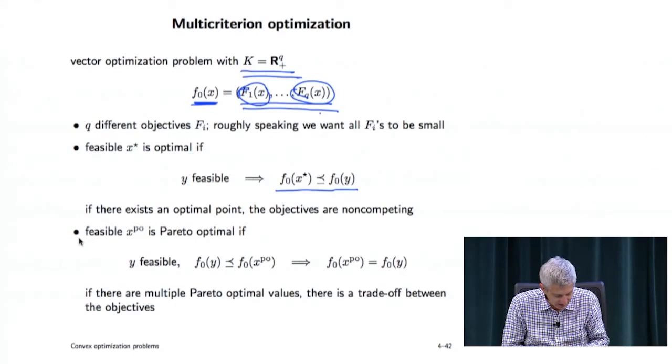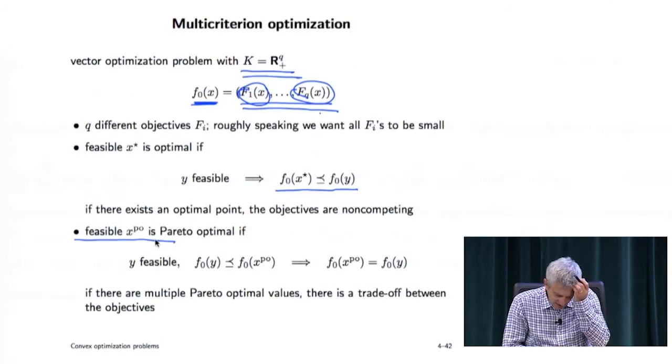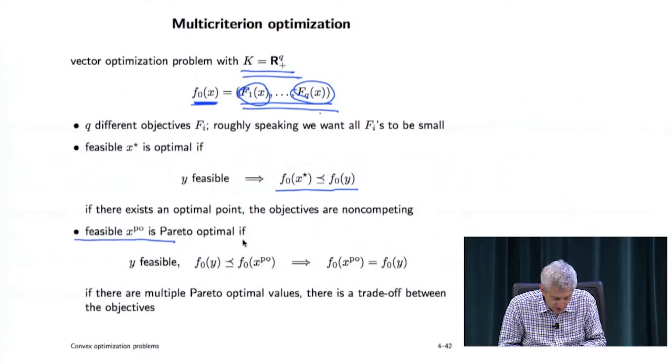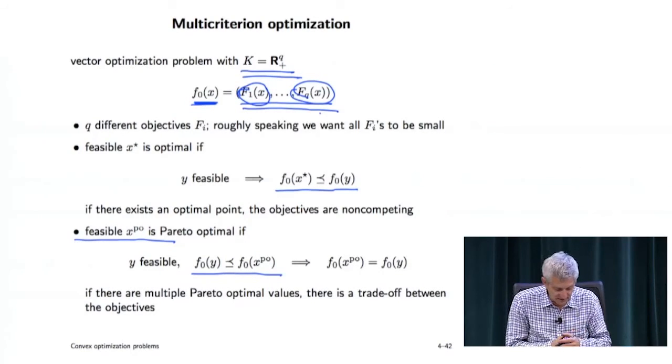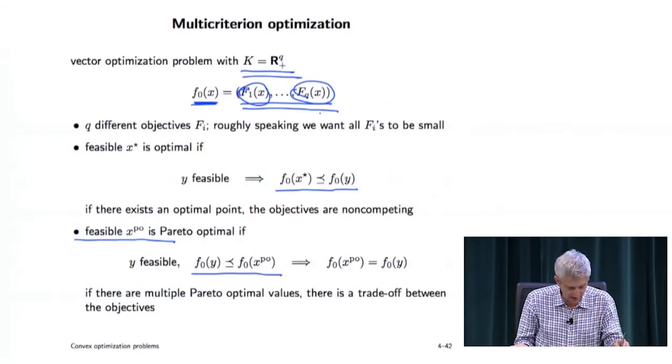This is what happens very often. A feasible point is Pareto optimal if the following is true: if you have another feasible point that is less than or equal to this one, then in fact they're equal. Roughly speaking, if you have Pareto optimal points, it says that there's a trade-off between the objectives.